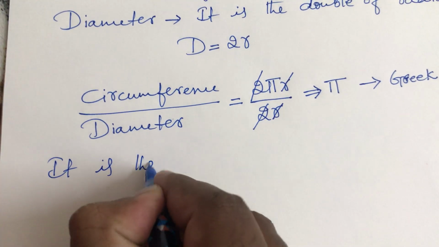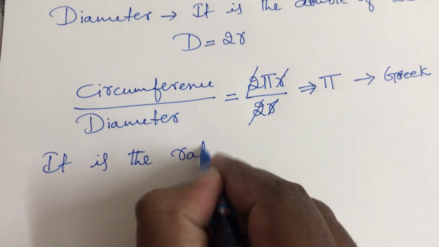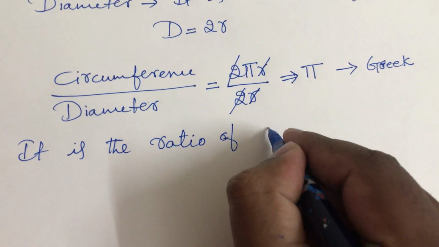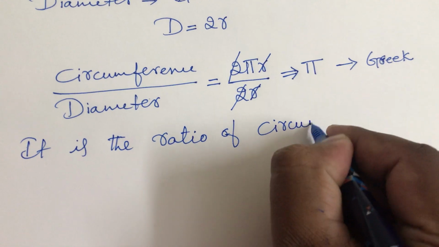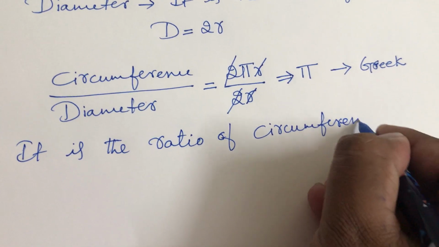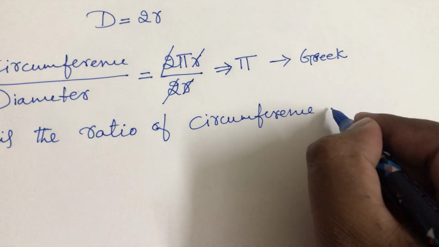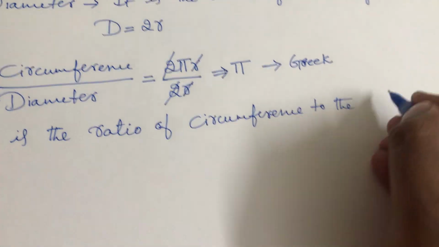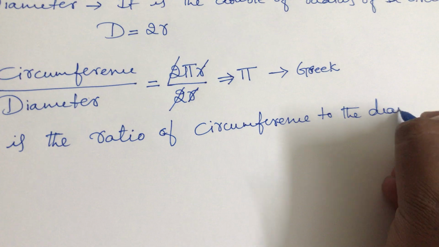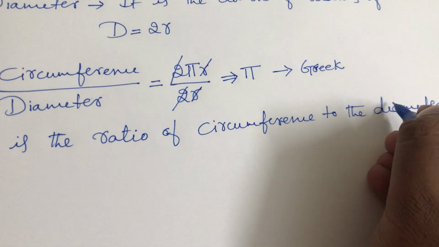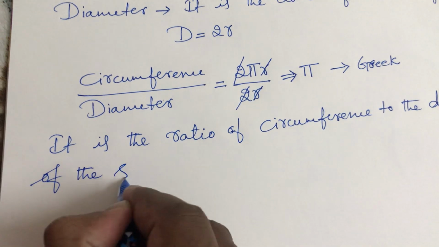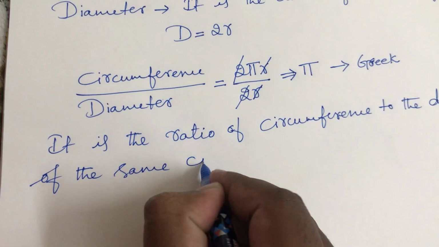So how can we define pi? It is the ratio of the circumference to the diameter of the same circle.